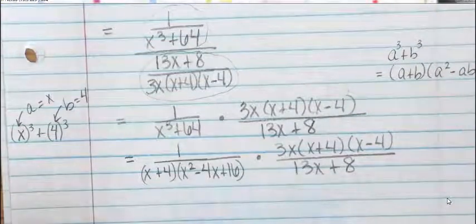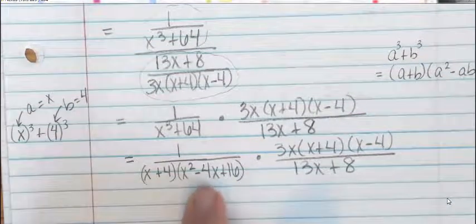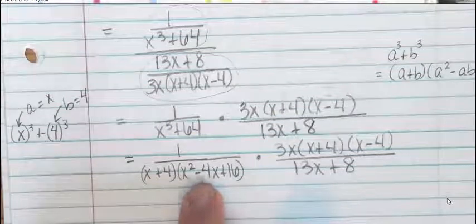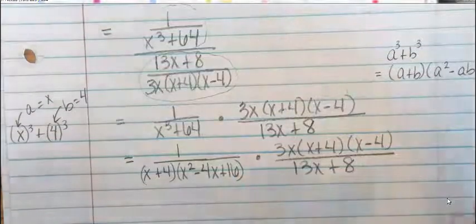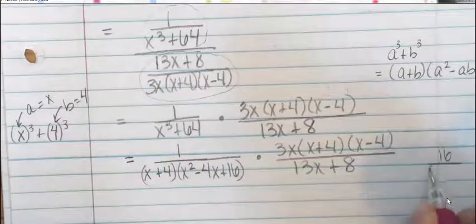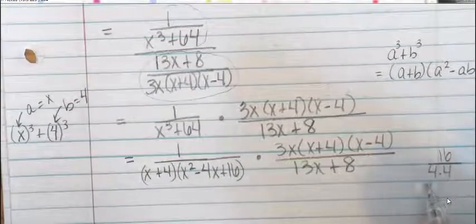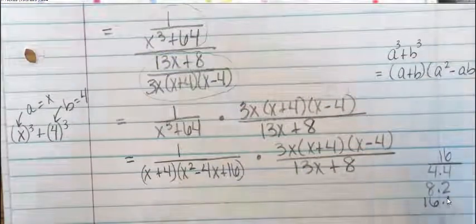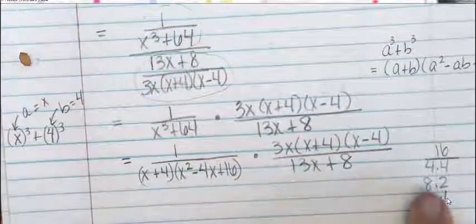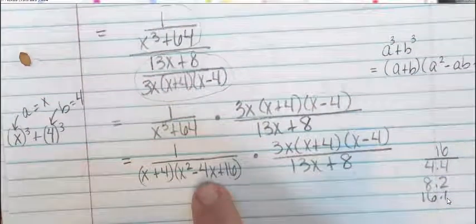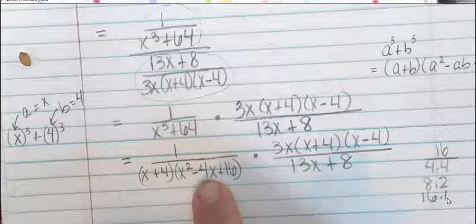Now I can think about factors of 16 that might be able to give me 4 in order to factor this a little bit more. I'm not sure that there are any. So 4 times 4, or 8 times 2, or 16 times 1. I don't think that I can add or subtract any of these to get myself 4. So I think this is as factored as it's going to get.